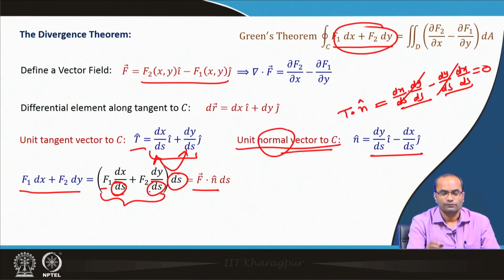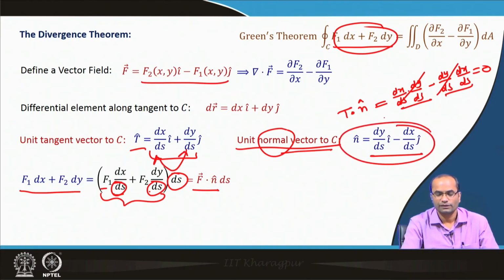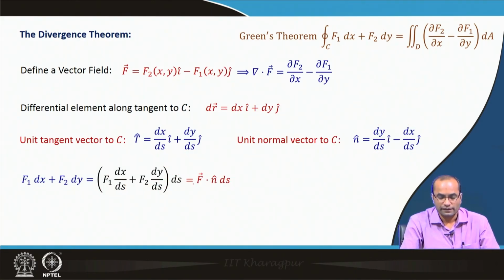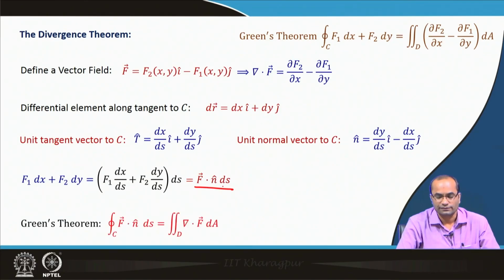So, f was f2, minus f1, and if we take the dot product with n, we get f2 with dy over ds, and with the minus minus it will be plus, because there are two minus signs, so f1 goes with dx over ds. So, this is precisely f dot the normal vector to C, times ds. So, f1 dx plus f2 dy is f dot n ds.